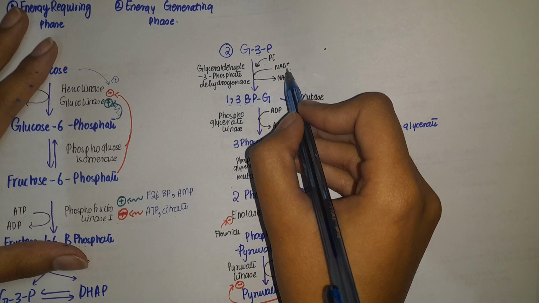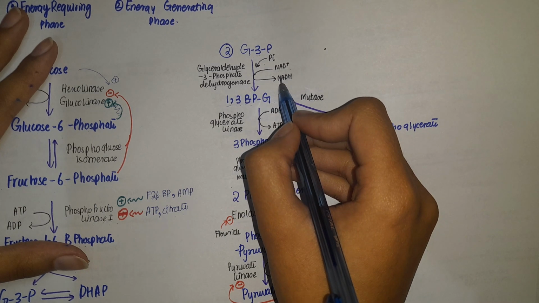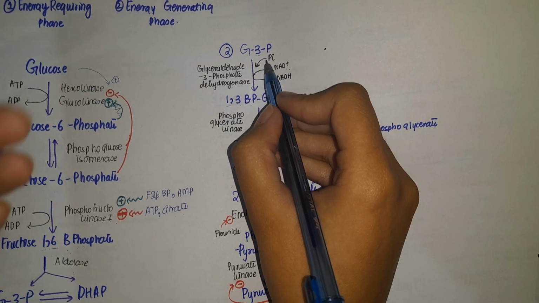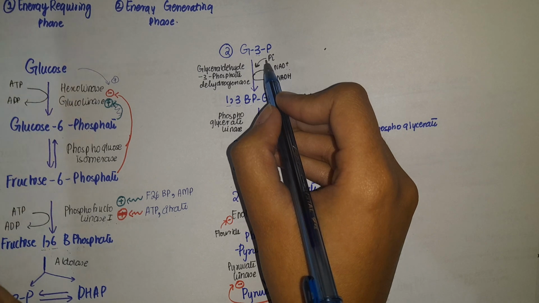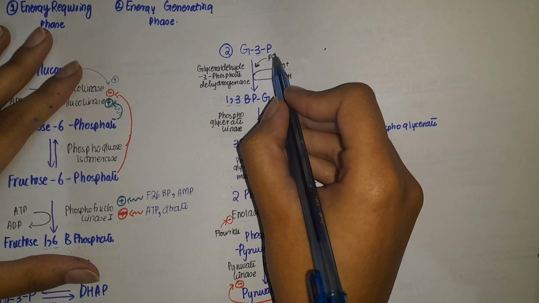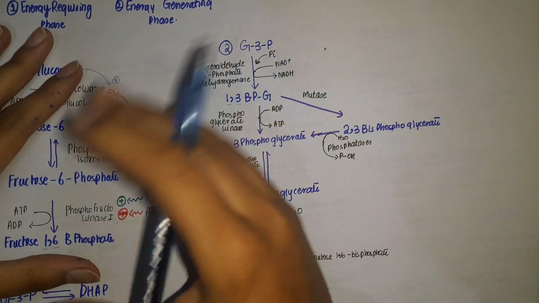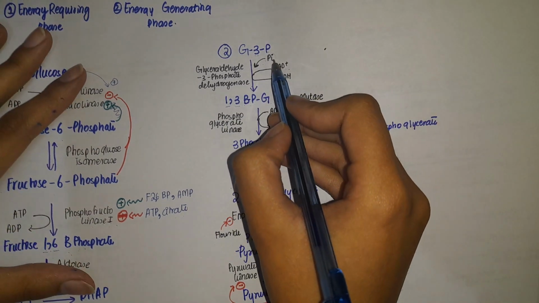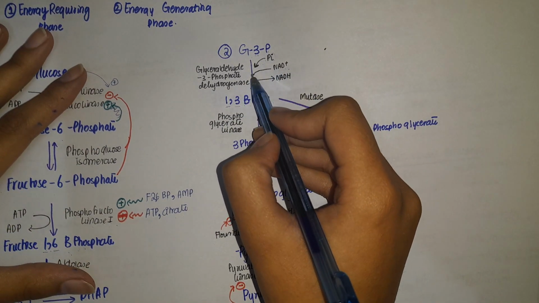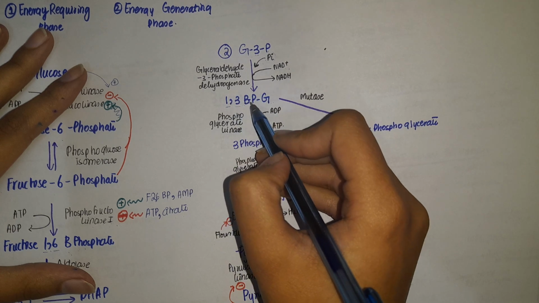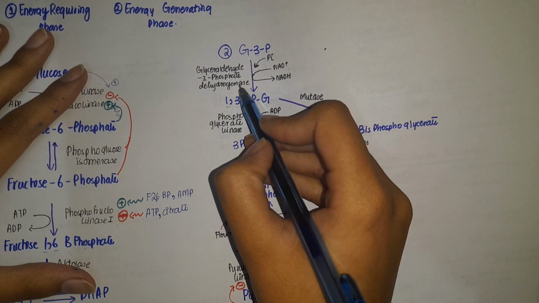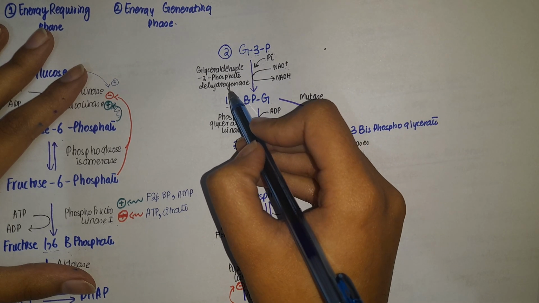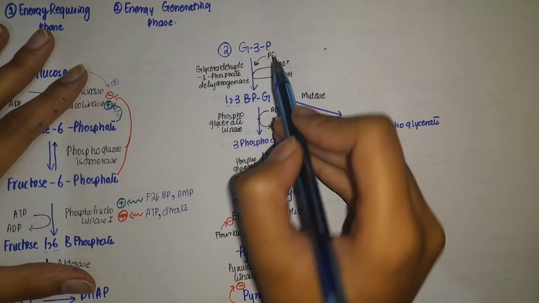So this NAD plus will come and take the hydrogen. And where will we get the inorganic phosphate from? It will be present in the surroundings, and we will add it to the substrate. So we get 1,3 bisphosphoglycerate, and the hydrogen removed by the dehydrogenase enzyme is taken up by NAD plus. So simple is that.